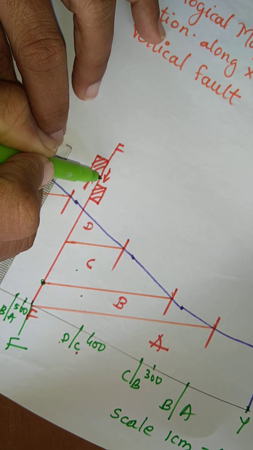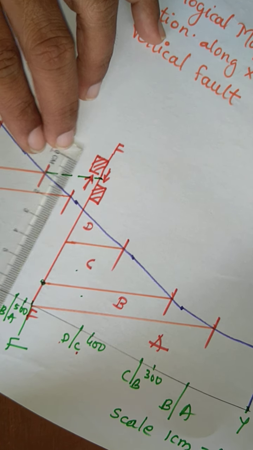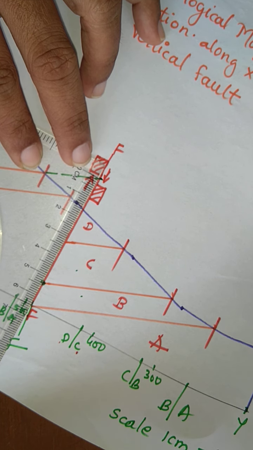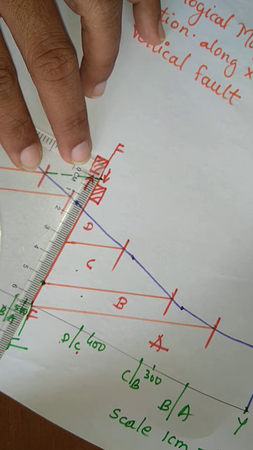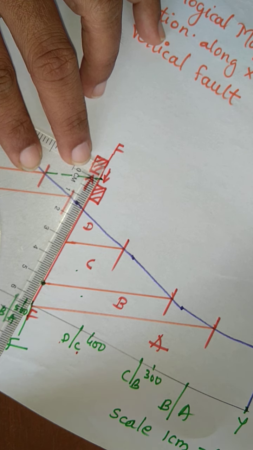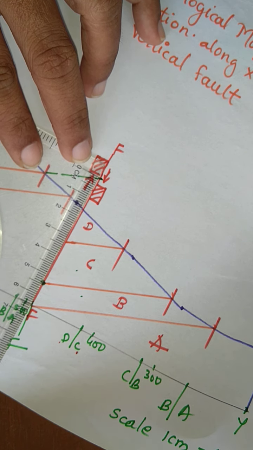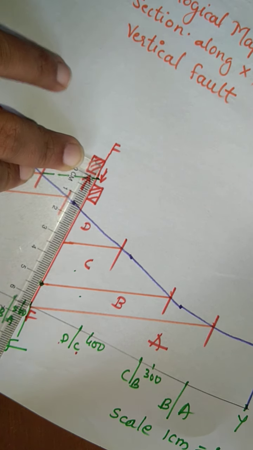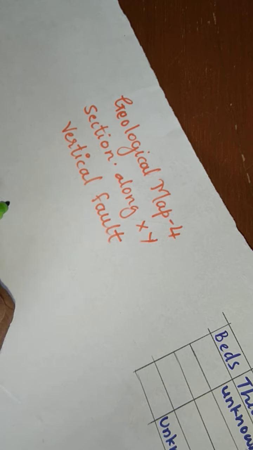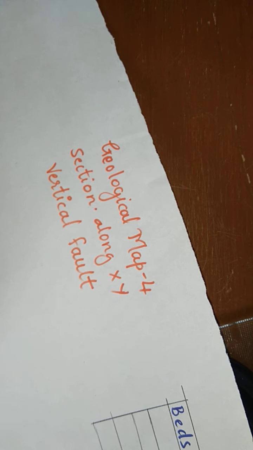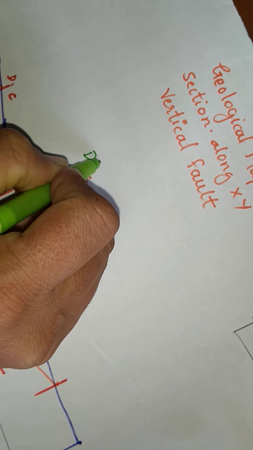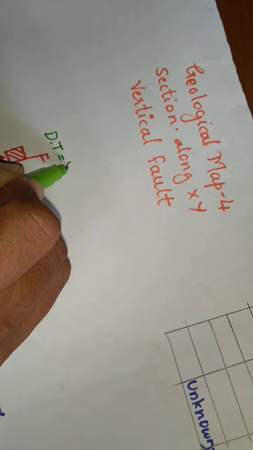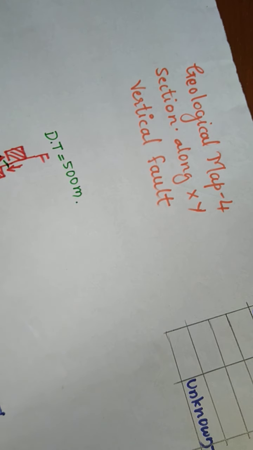If you measure this distance to this distance, you will get the distance. So here it is showing the distance is almost 520 or 530. So here the displacement we have to show, that is called the down throw. DT stands for down throw. So down throw is around 500 meters.